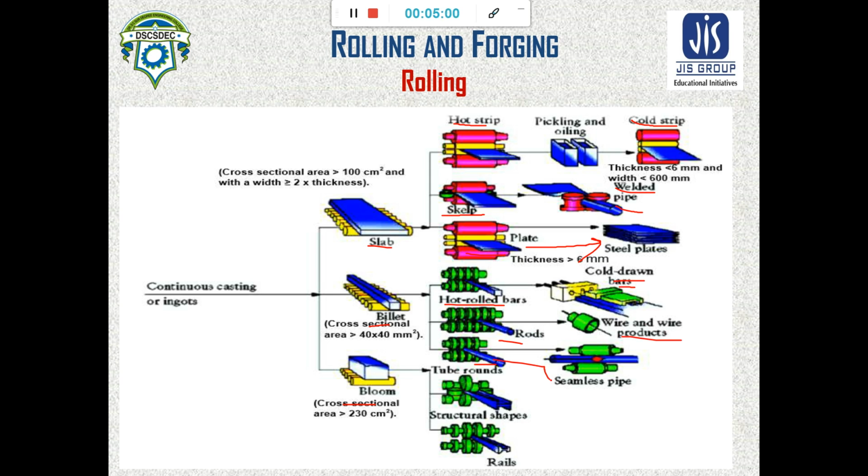And from the pipe, seamless hollow pipe can be made. And from the blooms, structural shapes such as I shape or L shape can be made, and rails or railroad. So these are the complete rolling processes.